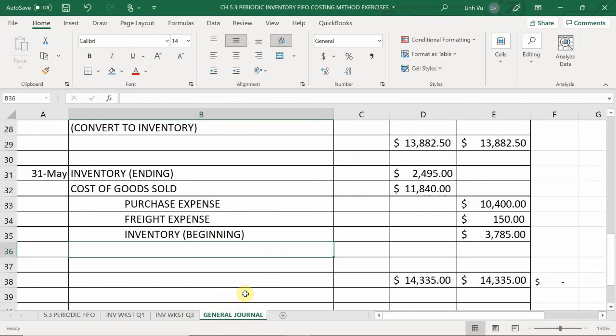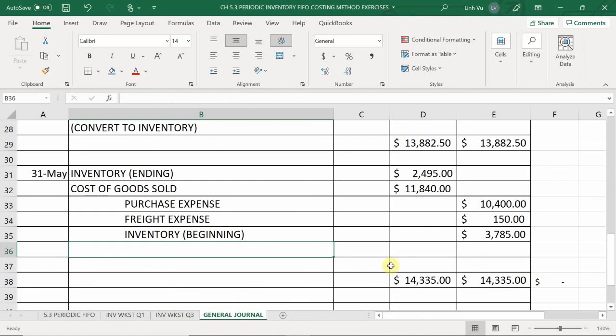The first thing I'm going to recognize is ending inventory. The last thing I'm going to recognize is my beginning inventory, okay? But they are essentially the same exact account. There's no such thing as a beginning inventory account or an ending inventory account. They are the same exact account. One is you're decreasing the inventory, and the other one is you're increasing the inventory. That's it.